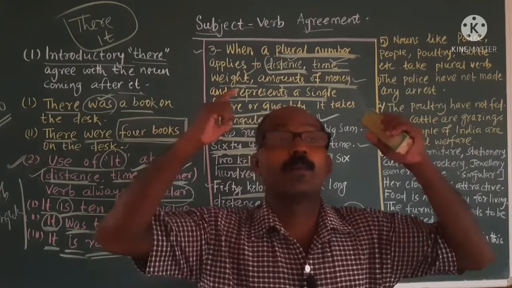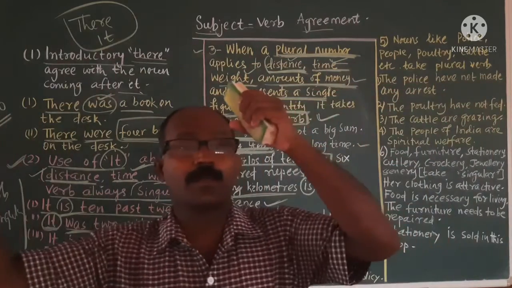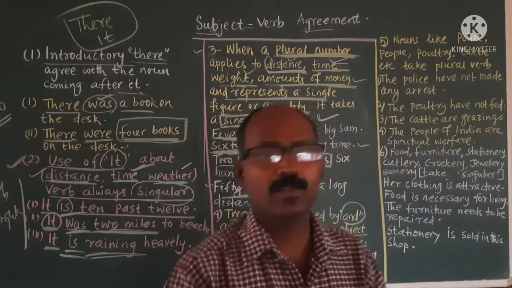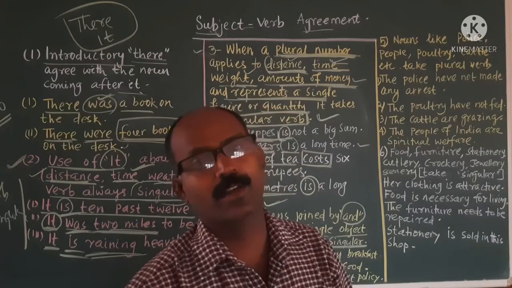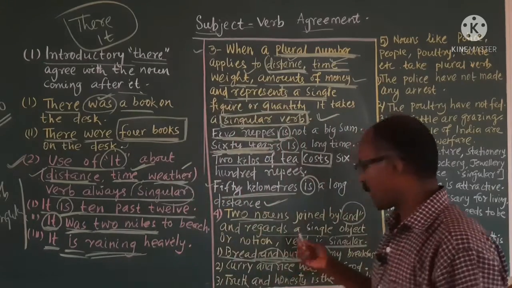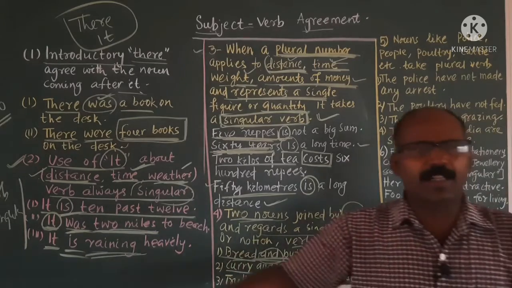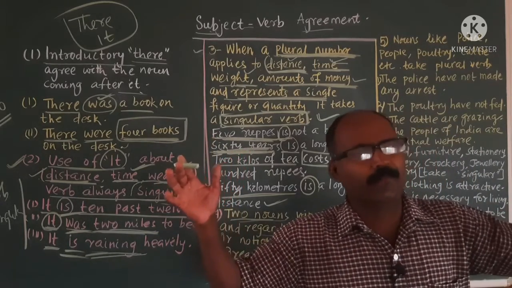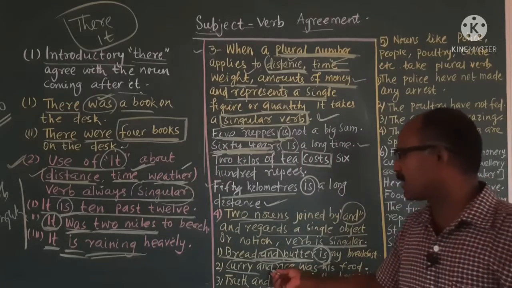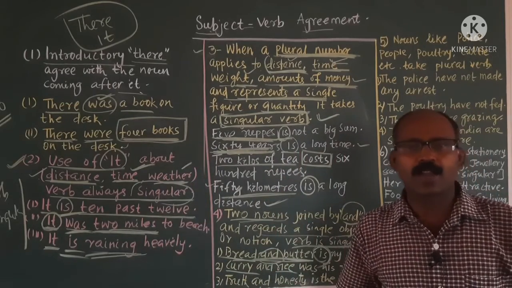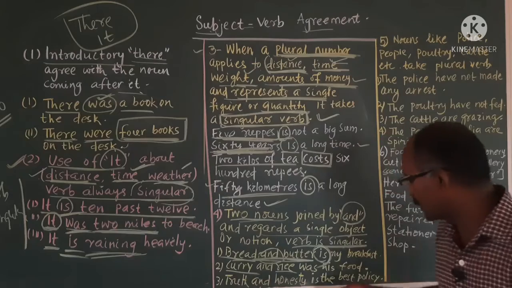You think that bread is a different thing and butter is a different thing, plural, so I will use are. That will be wrong. So it gives one notion. Again, curry and rice. You are thinking we are taking different types of curries and fries, and we are taking rice, much rice, and both are plural, so it will take a plural verb.